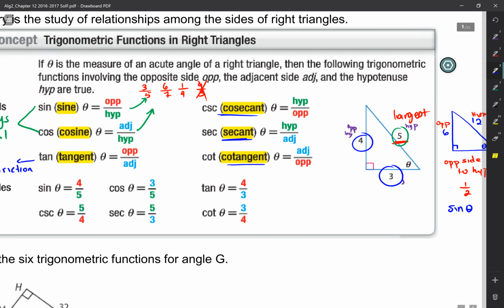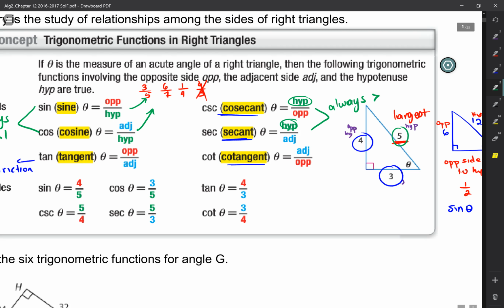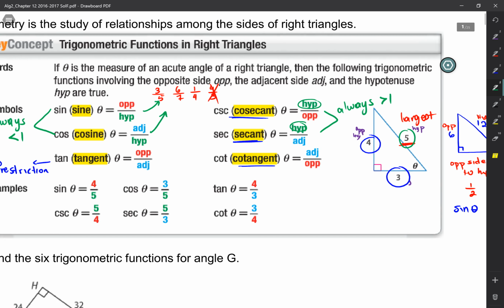So let's take a look at cosecant and secant. What's in their numerators? The hypotenuse. Is that always the biggest one? Yeah. So what are those fractions going to look like? Always going to be greater than 1. And what about the cotangent? Can't tell, no restrictions.